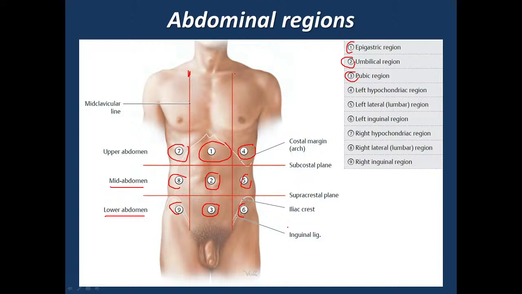It is important to know the projection of internal abdominal organs for all of these small regions. For example, when we're talking about stomach disease, we remember that the stomach is located usually something like this, and we palpate, touch and examine the stomach in the epigastric region and left hypochondriac region.